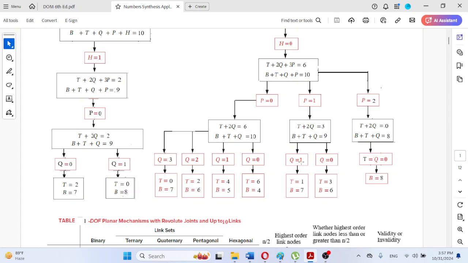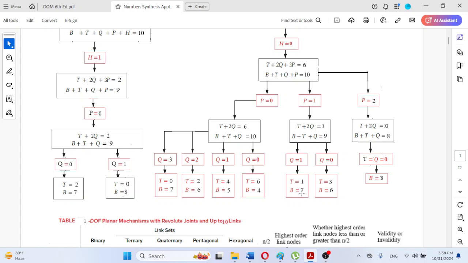And the other value for quaternary link from this equation is 1. So when q is equal to 1, that means t plus 2 is equal to 3, and 3 minus 2, that t will be equal to 1. So in this way t is equal to 1, and the lower equation will give that 1 plus 1 is 2. So 9 minus 2 is 7, so binary link will be 7.